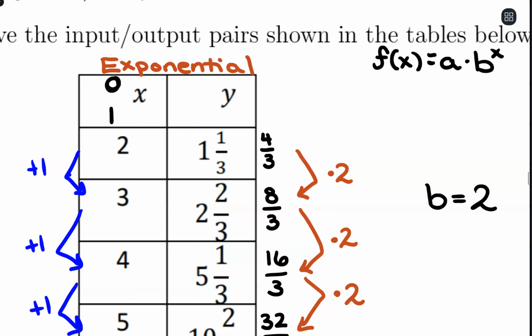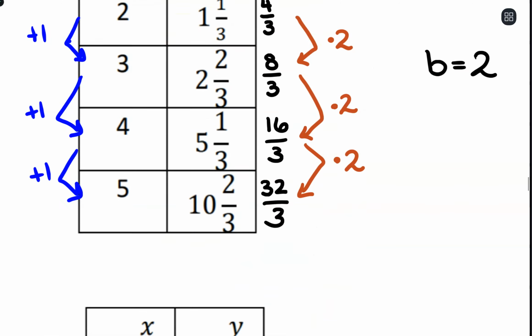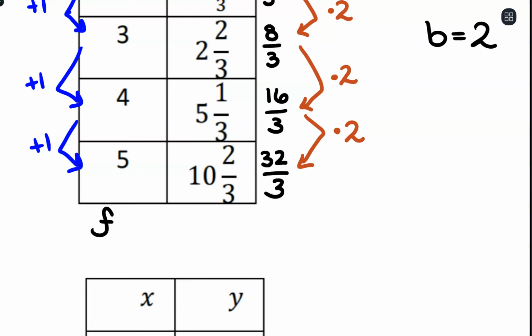For x equals 1, I take that 4/3 and divide it by 2, which is 2/3. Then to go back one more, to x equals 0, I take that 2/3, divide it by 2, and that's 1/3. That gives us our initial value. So when x is 0, we would have 1/3 on our table. So our function is an initial value of 1/3 times the growth factor of 2 with an exponent of our variable x.